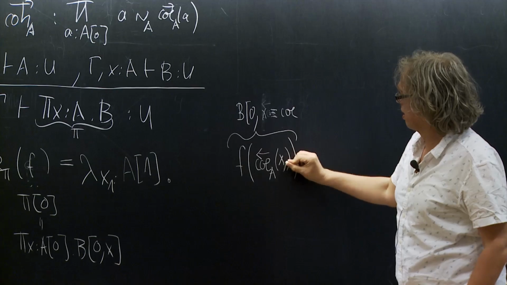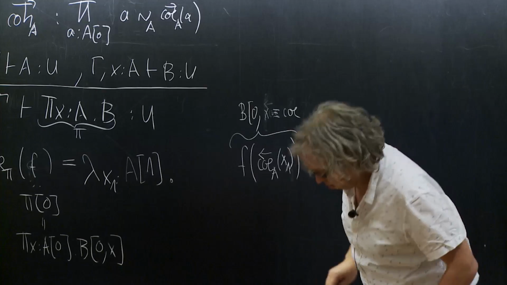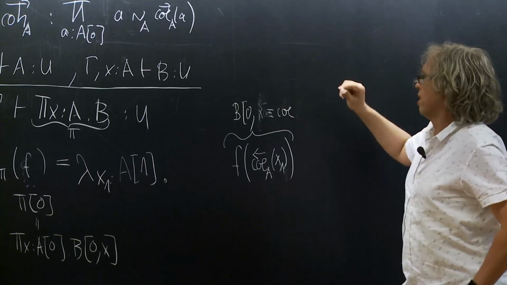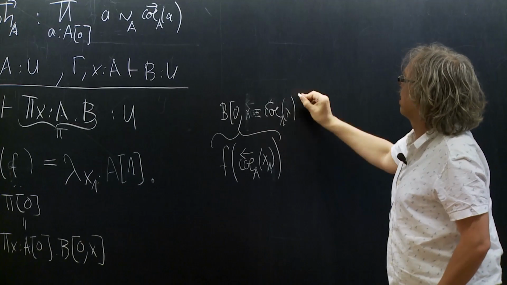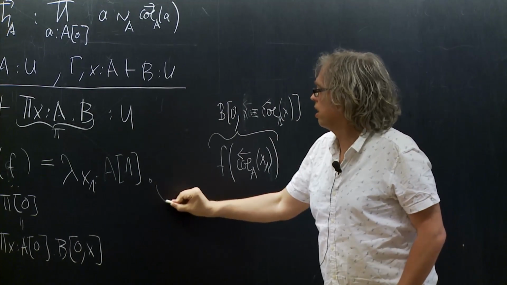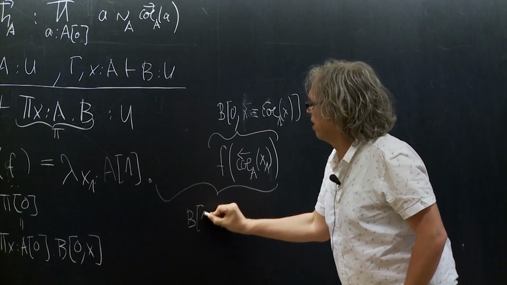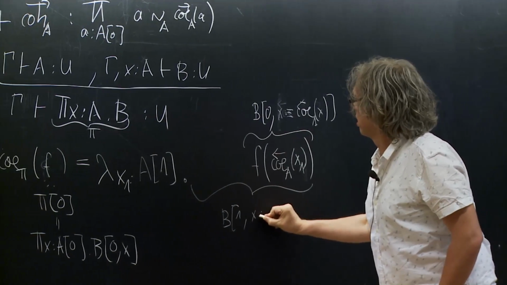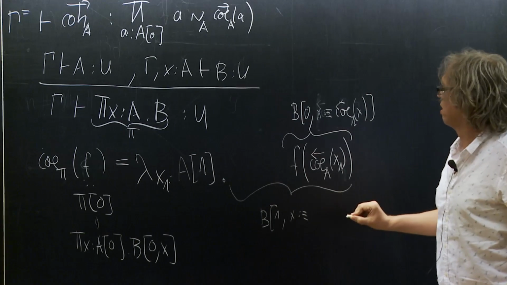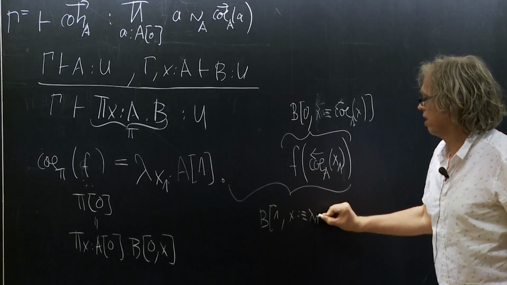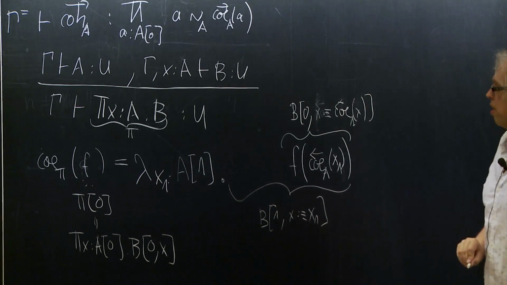Well, so the variable x, which is a variable in B, becomes coe A x. And what I need here is something of type B1, where x is substituted with x1. Right? So how do I do this?